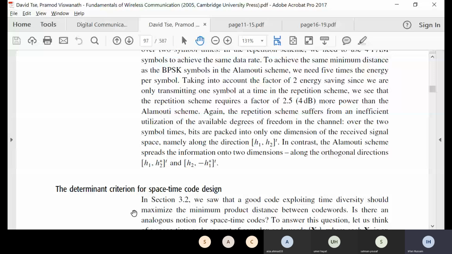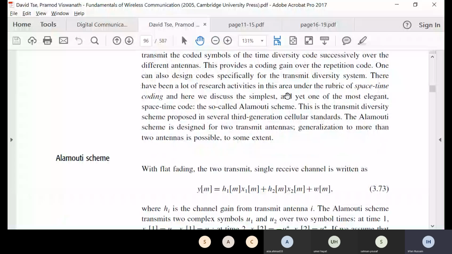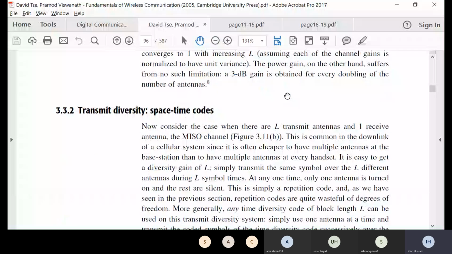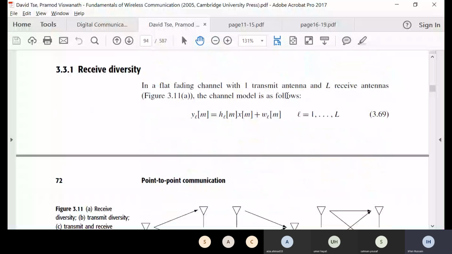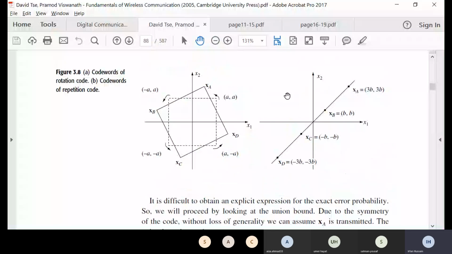Till this point, we have studied repetition, or we have studied rotational coding, but in all those schemes we were assuming that our symbols were all on the real axis, or I channel. None was on the Q channel. Even for the rotational codes, we said that they are of BPSK, so all of them were A, A.